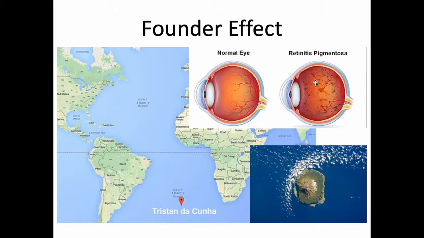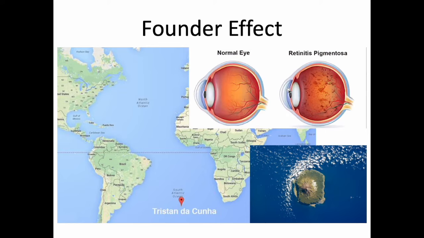But just due to randomness, this rare allele was much more common among the founders. So flash forward 200 years, because they haven't moved around too much, if we analyze the population on this remote island, there is a lot more of this allele in the occupants of this island than there is anywhere else in the world.